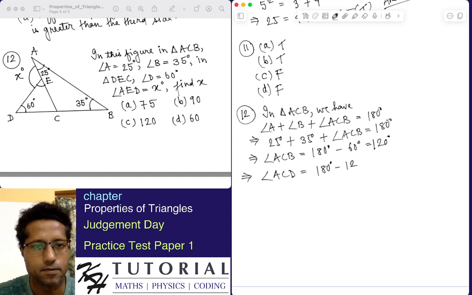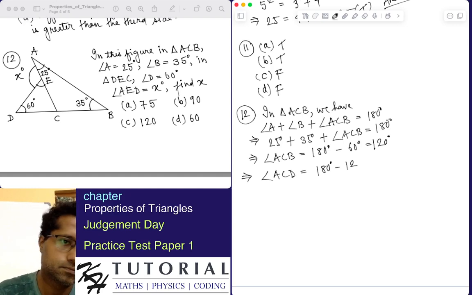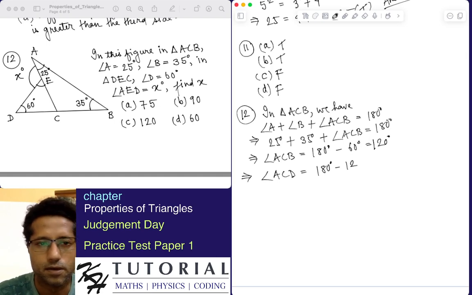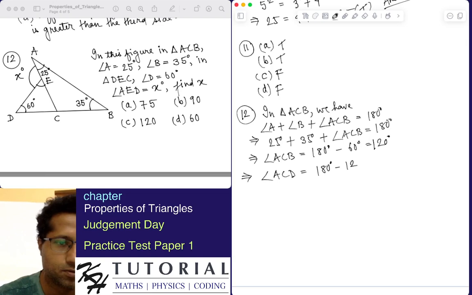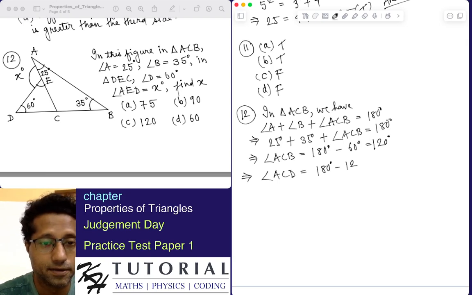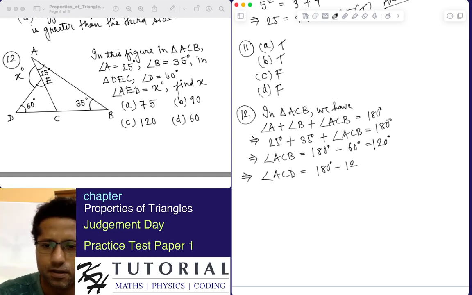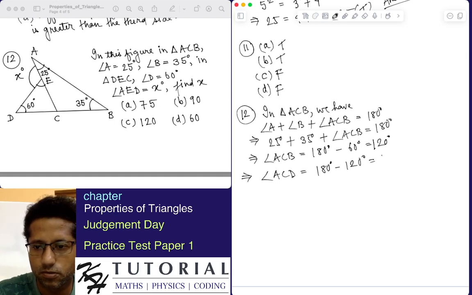Oh, we could have directly said angle ACD is an exterior angle, and its two opposite interior angles are angle CAB and angle ABC, which are 25 degrees and 35 degrees. Anyway, we have found it in a little roundabout way, but angle ACD is 180 degrees minus 120 degrees. This is equal to 60 degrees.